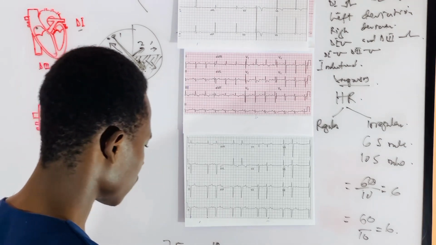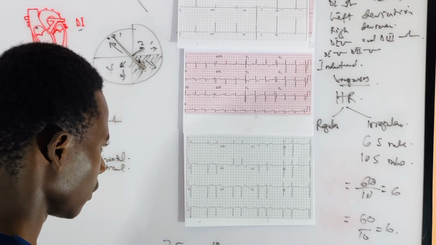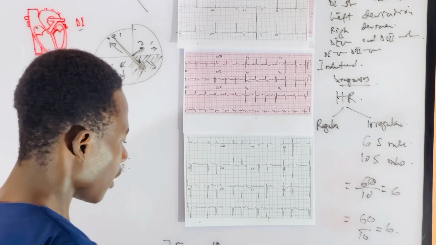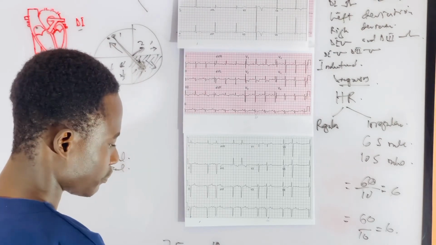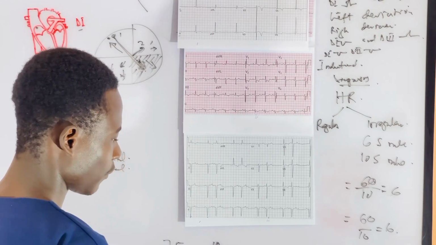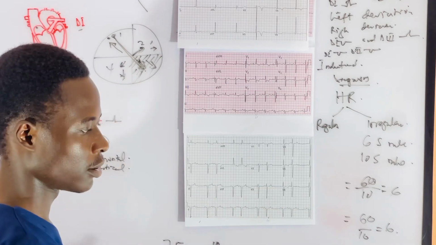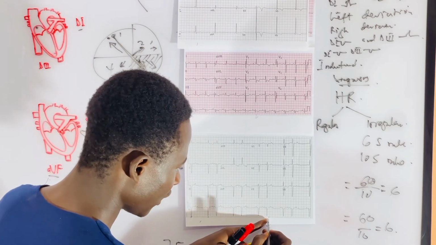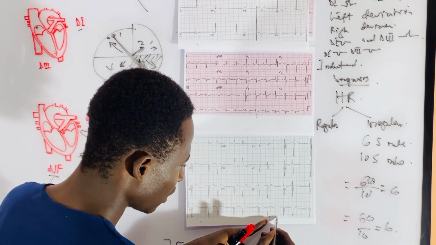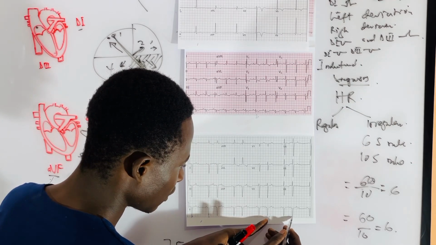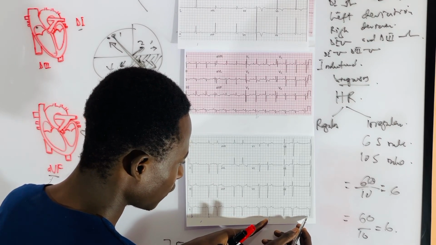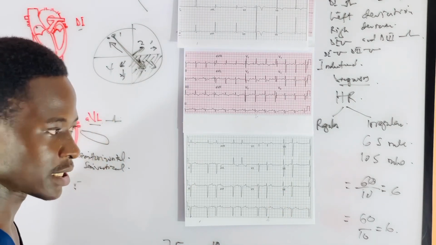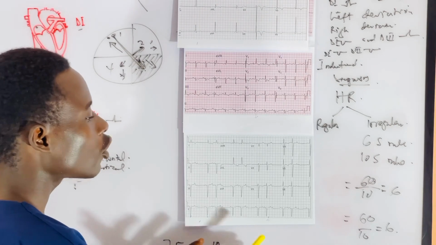When you get 50, you are going to count 50 boxes. Let's do the counting over here. We ended at 30, so 31, 32, 33, up to 46. We didn't actually reach the 50 points.